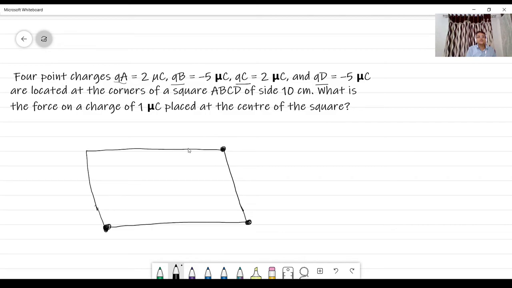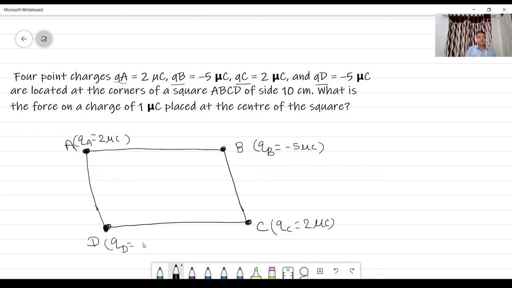This is my imagination as per the given information, and let's start with this point A, this point B, this point C and this point D. Similarly you can place the charges: QA, which is equal to 2 microcoulomb, QB, which is equal to minus 5 microcoulomb, QC, which is equal to 2 microcoulomb, and QD, which is equal to minus 5 microcoulomb.